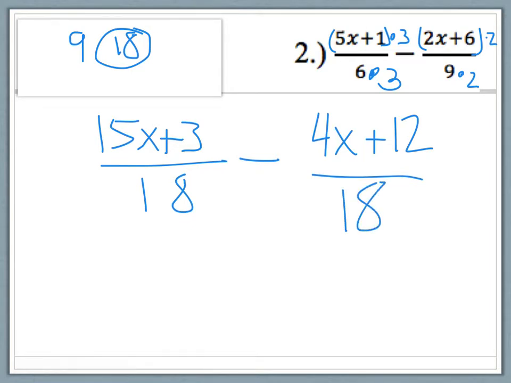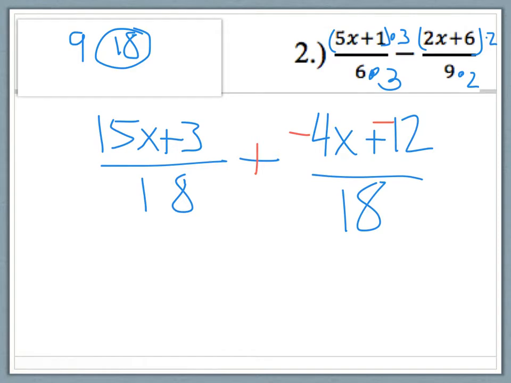Here's where this gets kind of tricky. We have to make sure that we give this subtraction sign to both of those. I don't really like dealing with subtraction, so I'm going to turn it into addition. And if I do that, I have to give that negative to the ones behind it. So it's going to become a negative 4x and a negative 12. It changes the signs of both of these terms in the numerator on the right side.